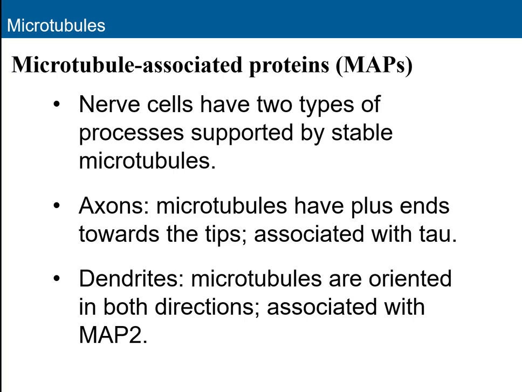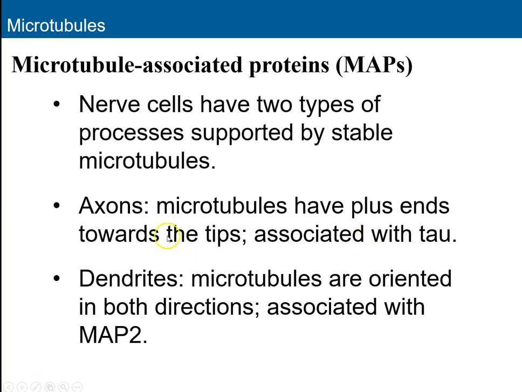So nerve cells have two different types of microtubule-associated proteins. In axons, the microtubules have plus ends towards the tips. We're going to see a picture. And these microtubules in the axons are associated with tau. We just mentioned tau. In the dendrites, however, microtubules are oriented in both directions, meaning you can have movement in both directions, away from the nucleus towards the cell periphery and towards it.